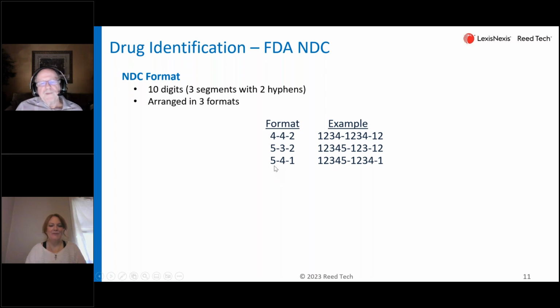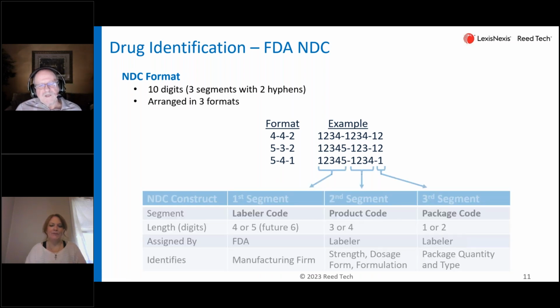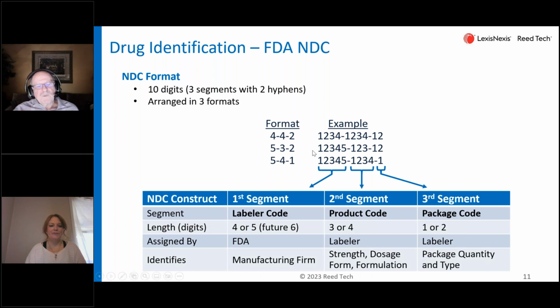So let's talk a little bit more about these segments and summarize what we have here. The first segment, we've been talking about that being the labeler code. It has those 4 or 5 digits. It's assigned by the FDA, and it points to a very specific manufacturing firm, an organization.